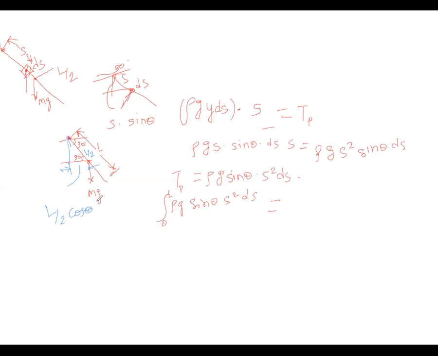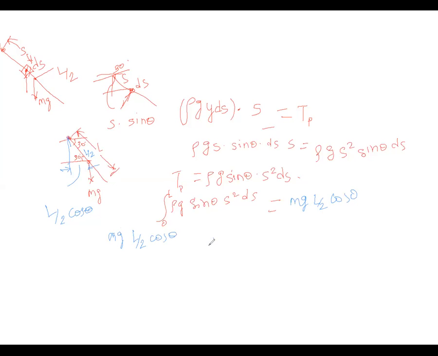So the torque produced by the weight of the plate equals mg L by 2 cos theta.